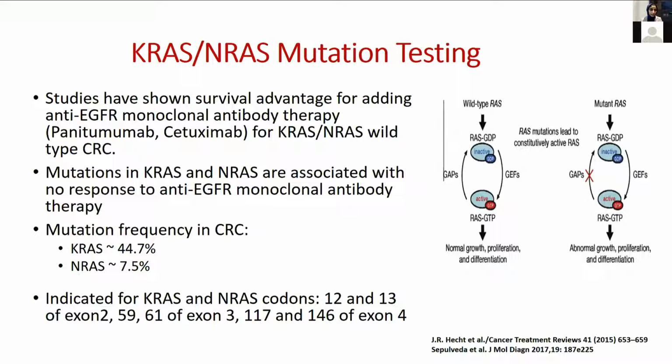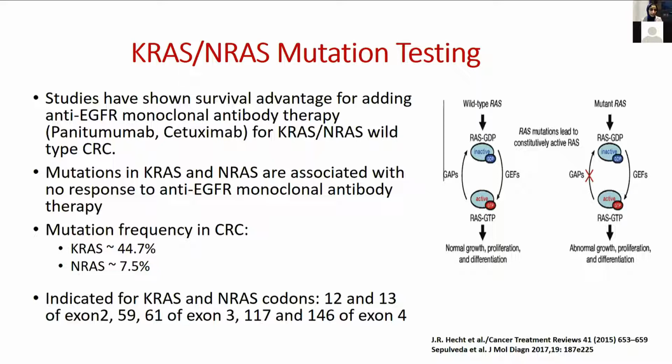Why is that? Because these mutations usually affect the GTPase activity of those proteins, locking RAS in a GTP-bound active state, leading to constitutive activation of those proteins and eventually downstream signaling. So no matter if you block the EGFR receptor or not, this pathway is going to be constitutively active because of this mutation.